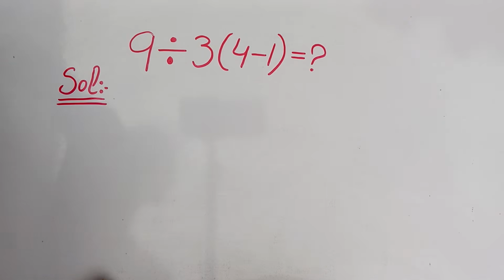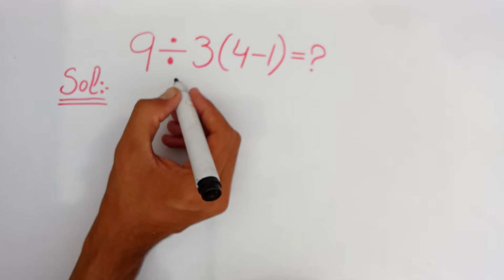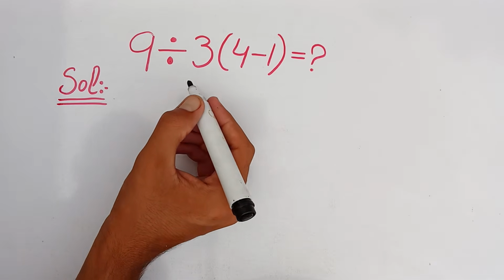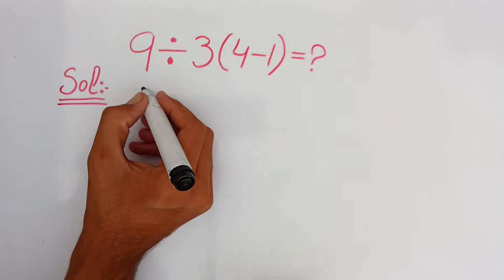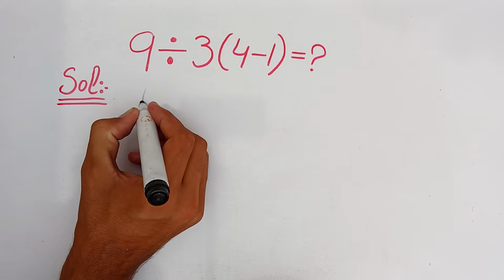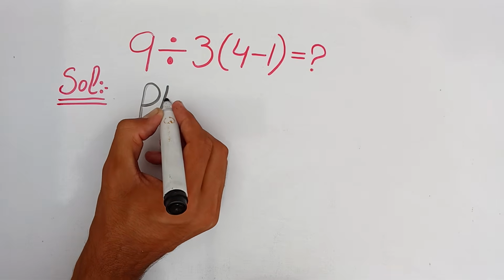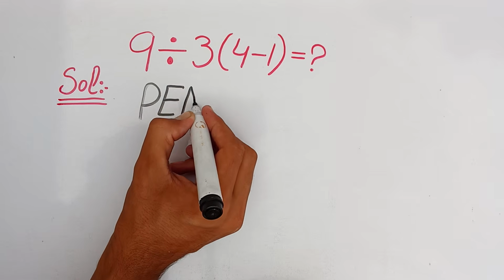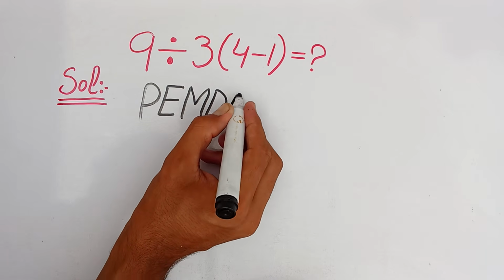So 9 divided by 3, most people write it as... which is the right method? Before that, we should know PEMDAS, where P stands for parentheses, E for exponent, then multiplication, division, addition and subtraction.